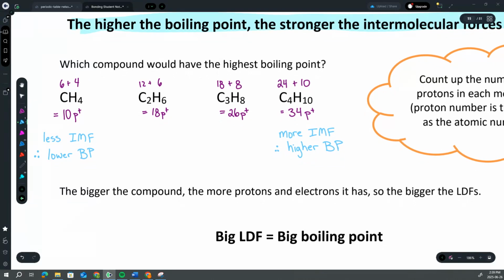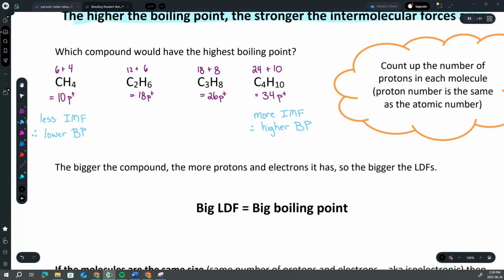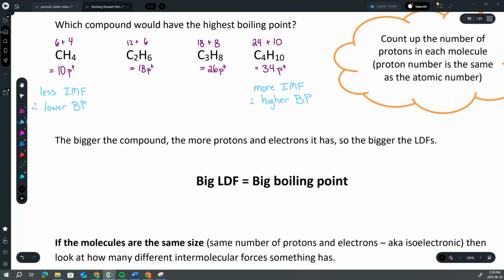But essentially, as we read from left to right, the compounds are increasing in size. So we can assume that in an analogous series, the bigger the compound, the more protons and electrons it has. Therefore, it has more London dispersion forces, and the bigger the London dispersion force is, the higher the boiling point.